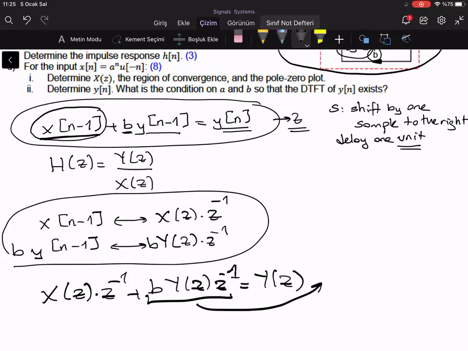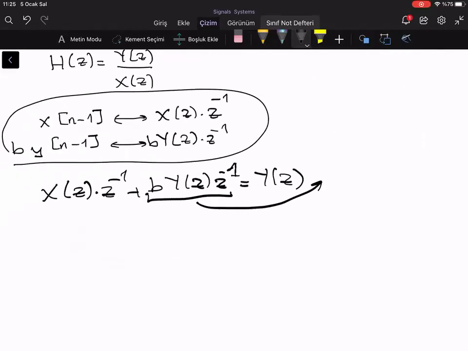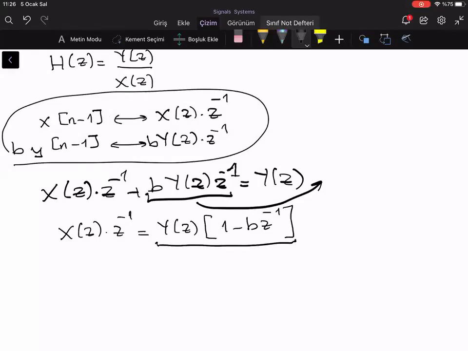So on one side, y of z times 1 minus b z to the power minus 1 is equal to x of z times z to the power minus 1. How did I write the right side?